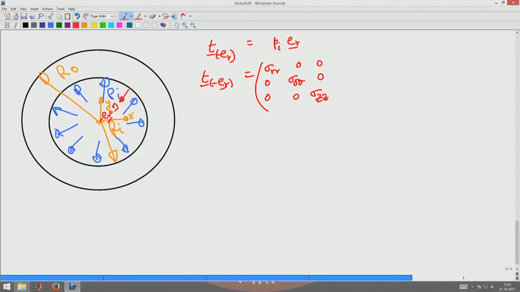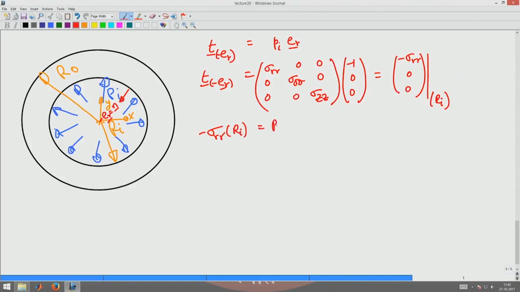This was the state of stress that we got for this problem, into minus 1 0 0. So, this will give me minus sigma RR 0 0, evaluated at the inner surface, that is r I. Okay. So, what I get is minus sigma RR at r I is equal to PI, or sigma RR at r I is minus PI.